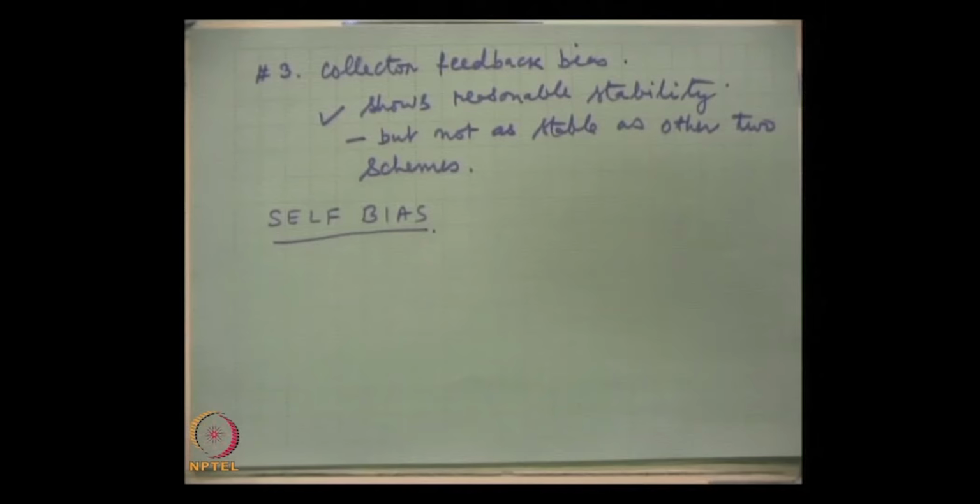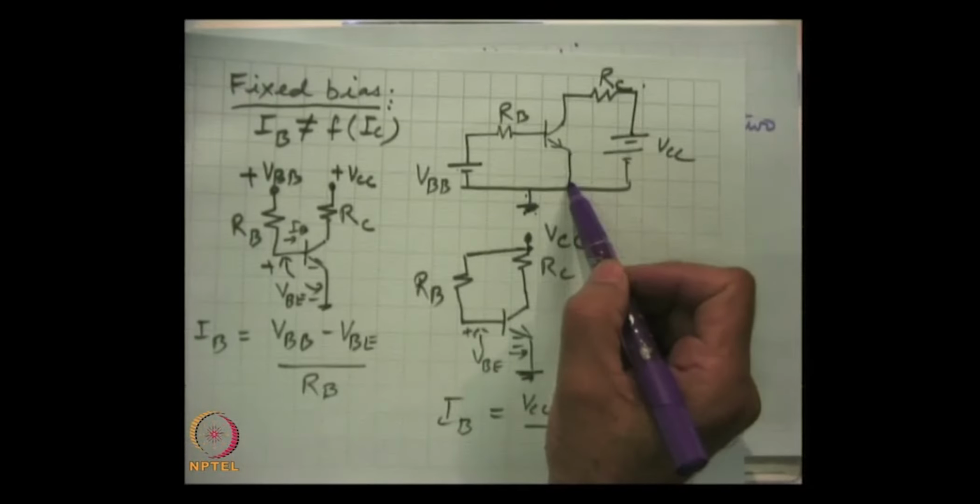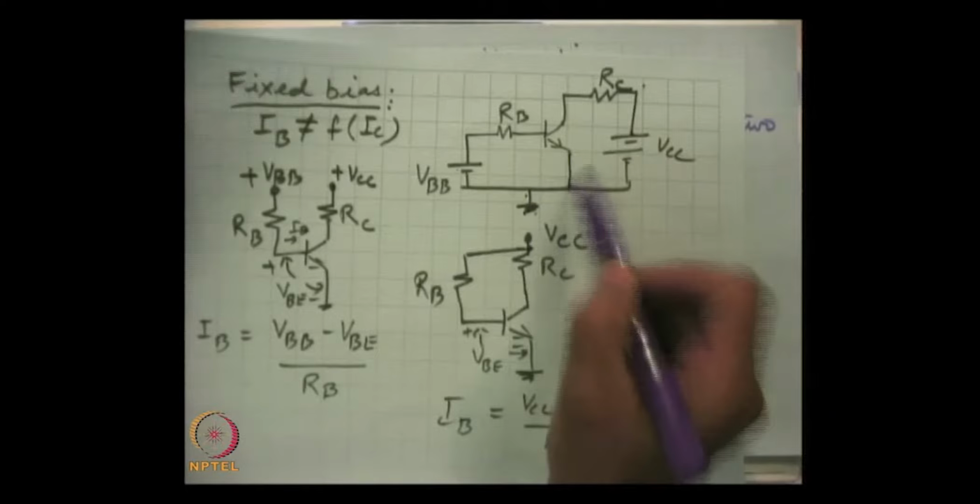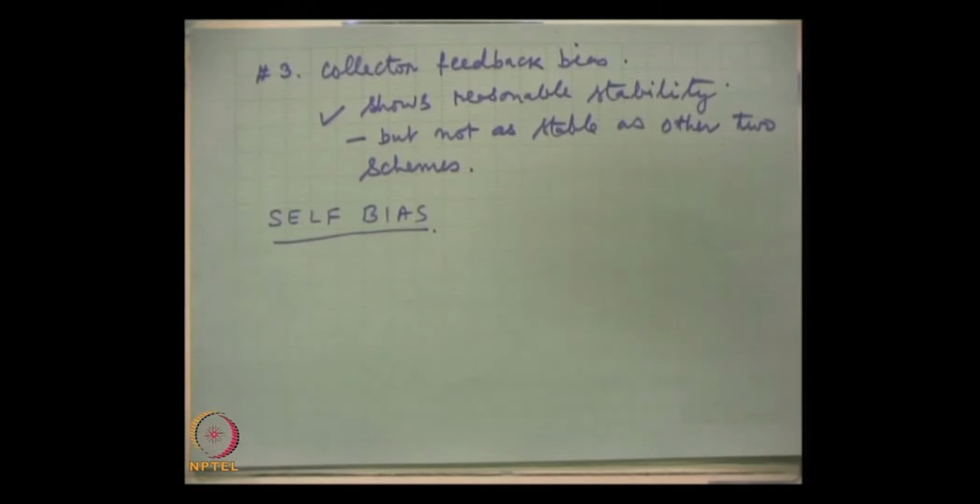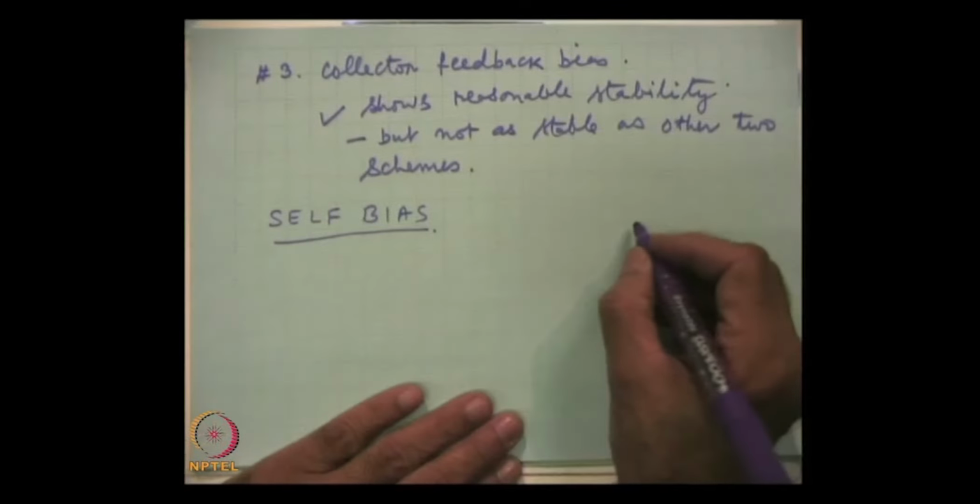In this biasing scheme, one resistance which we call Re is attached with the emitter. You will see that in the fixed bias there was no resistance connected to the emitter, but in this scheme a resistance Re is connected. So, the circuit becomes this.